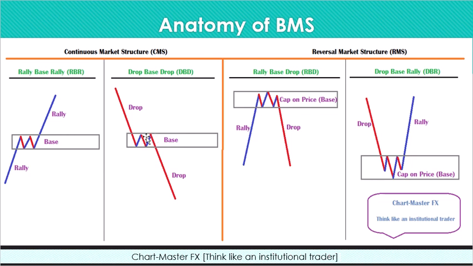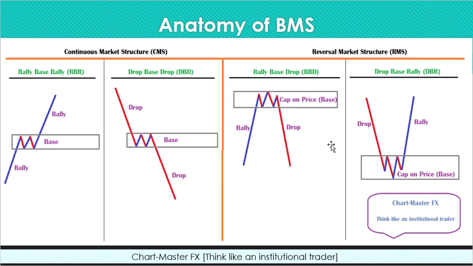Maybe the institutional traders may take the price up, which is a rally, or they may decide to continue going along the direction of the market structure. That's where we end up having a drop, base, drop. These are the two examples of the continuous market structure. So let's go and look at the reversal market structure.